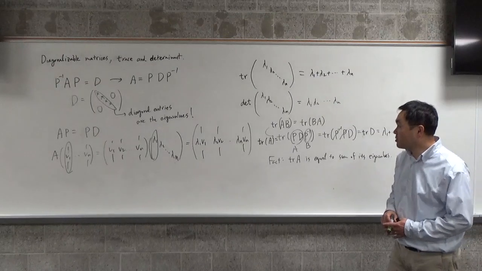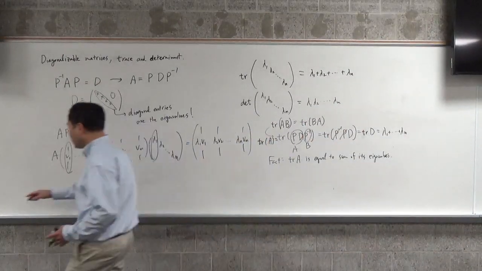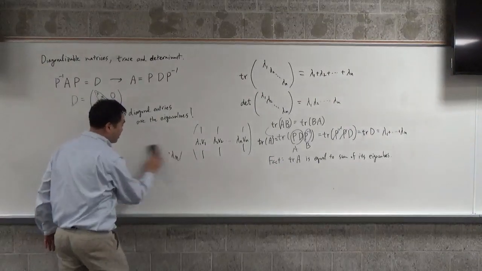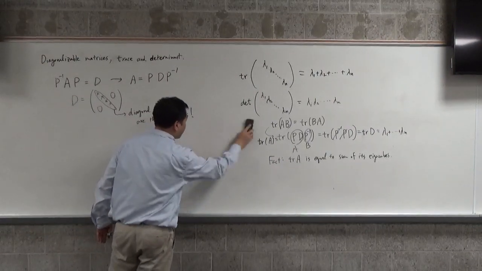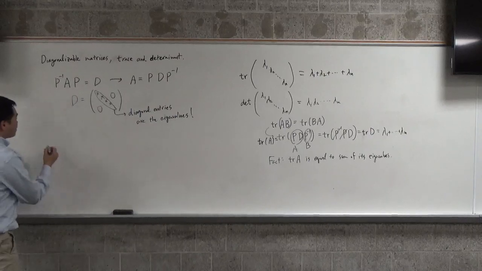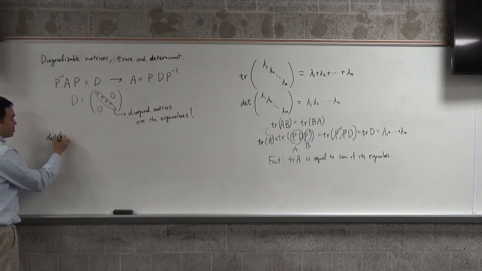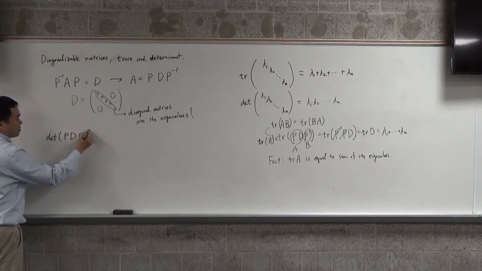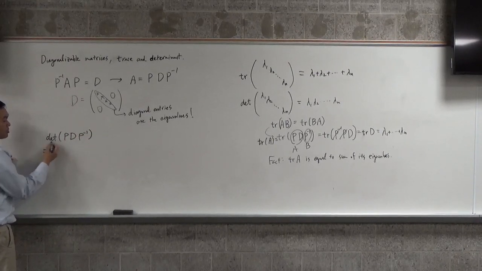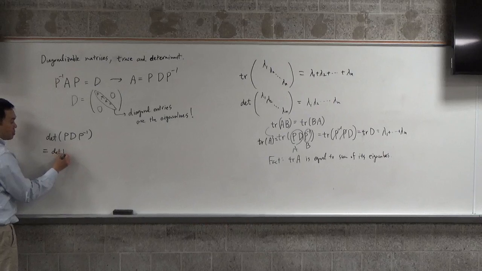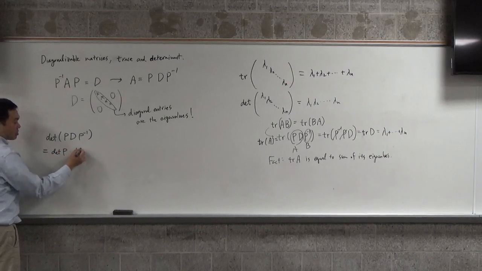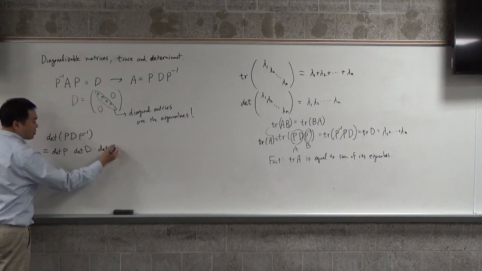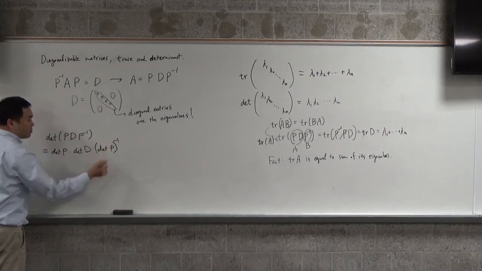And then the same thing can be done for the determinant. For the determinant, it's even stronger. This is the same as the determinant of P times the determinant of D times the determinant of P inverse, and the inverse can even be pulled out.